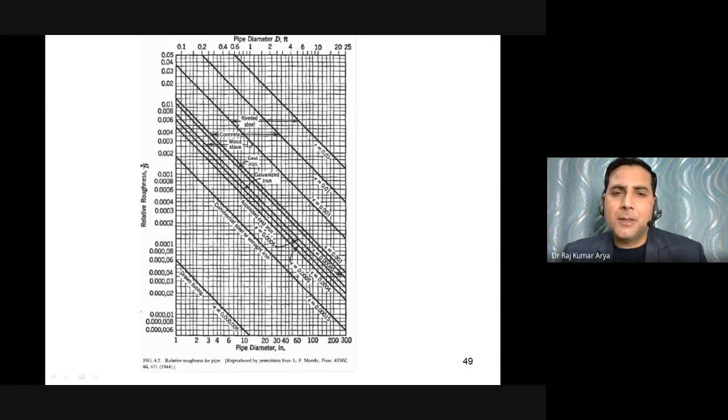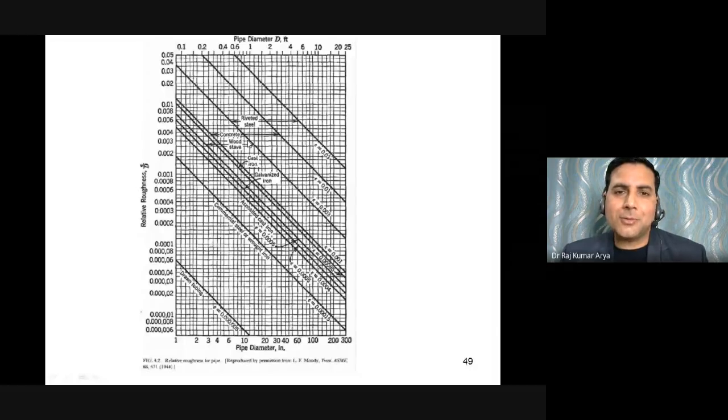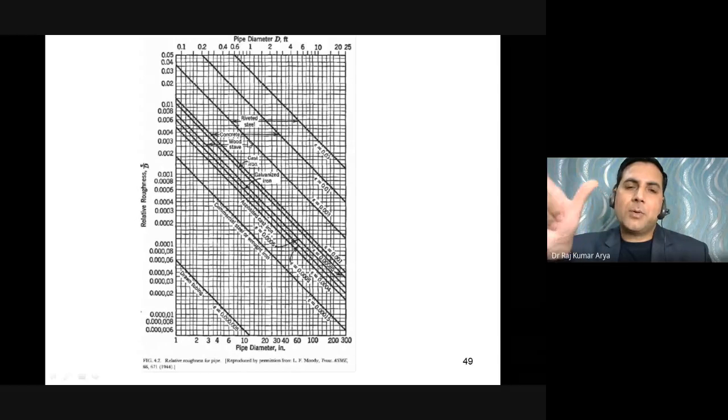People used to use it earlier; the cobbler used to use a rivet to fix your purse, putting in a pin, two pins, and hammering it. That is called a rivet only. For that you need a hole, and inside the hole you need two pins from both ends. One is female, one is male. Just punch them together, and that is called a rivet.